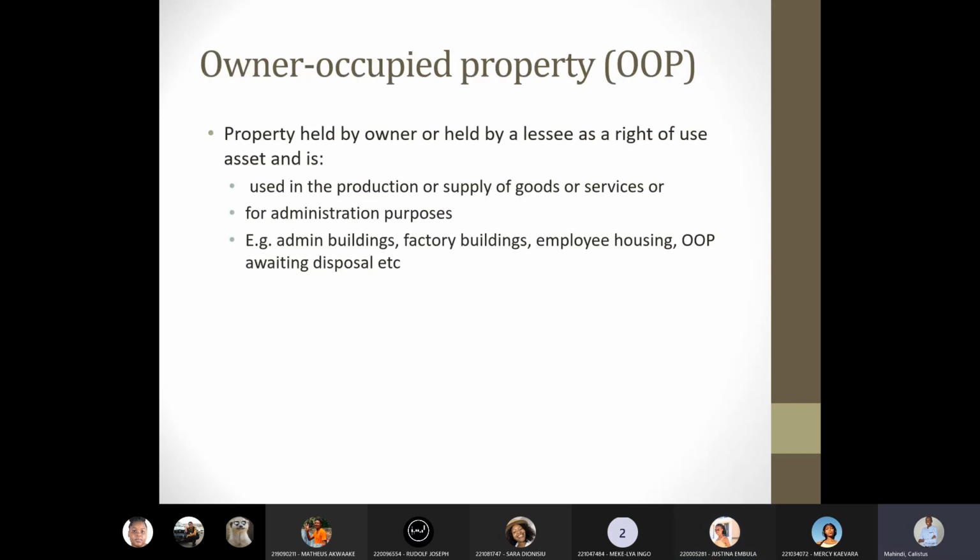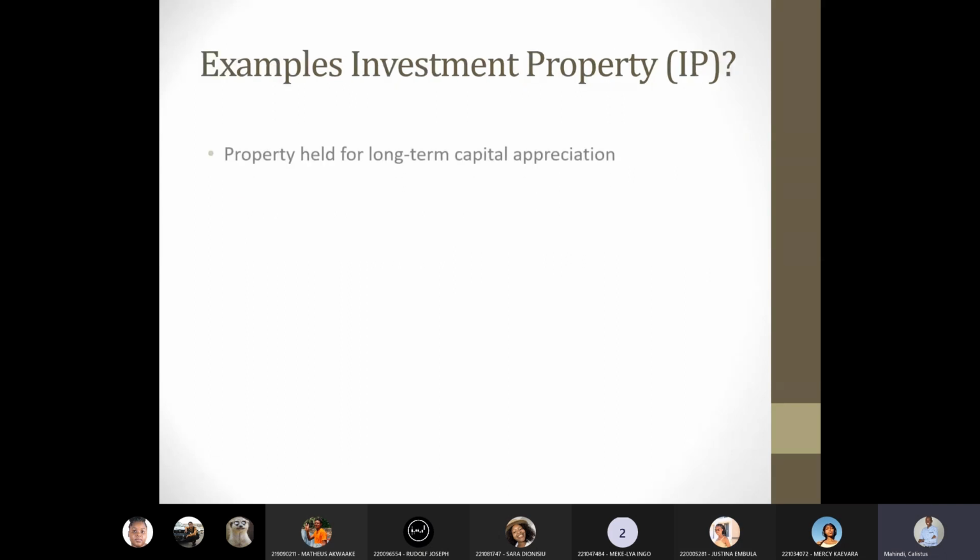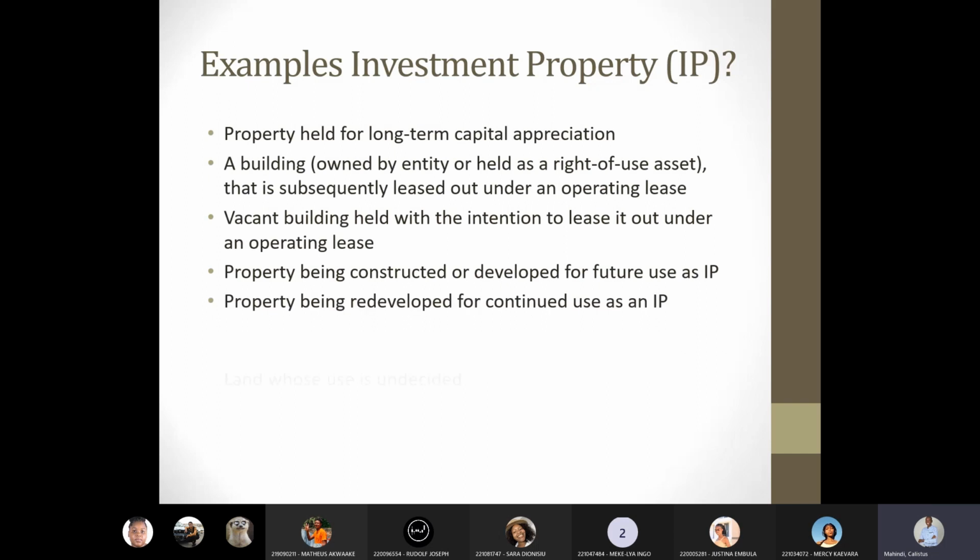So we know that investment property is not owner-occupied property. So what are examples of investment property? Property that is held for long-term capital appreciation. You've bought property and you're just keeping it with the hope that it increases in value.